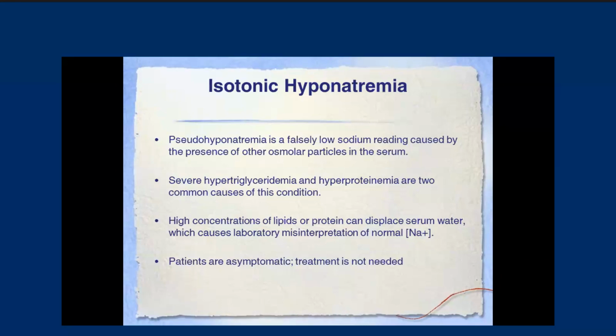Usually these patients, even if they have low sodium, will be asymptomatic and we don't need to treat. Most of the conventional labs are affected by high levels of protein and lipids. So we can use ion selective electrodes or ABG, which measures the sodium ions in the plasma and will not be affected by displacement of the serum water.